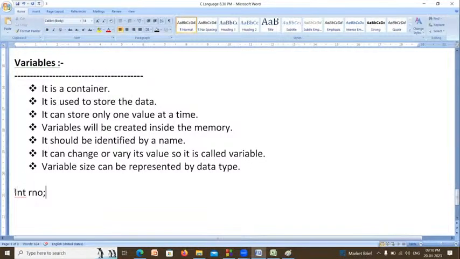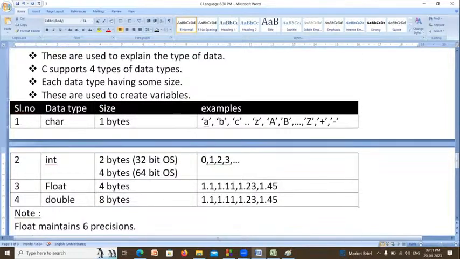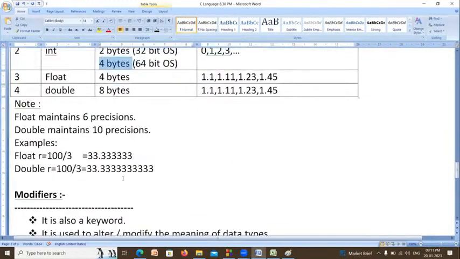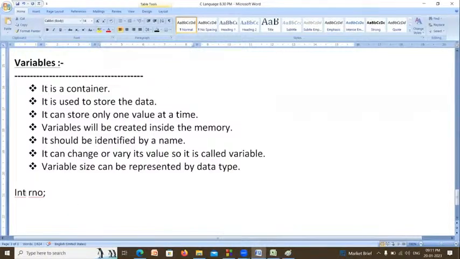So whenever you say integer roll number, what is the size of integer? The size of integer in my system is 4 bytes, so the computer allocates 4 bytes of memory for this. How can the computer understand the size of this container? By specifying the data type. So variable size can be represented by data type.